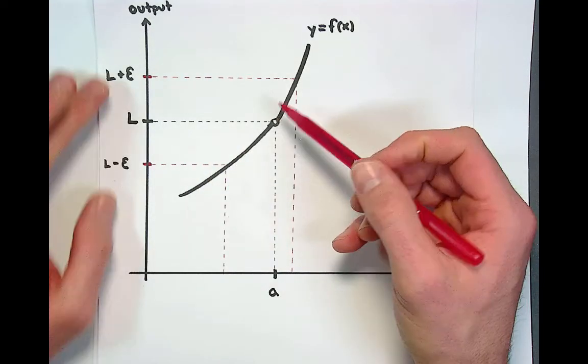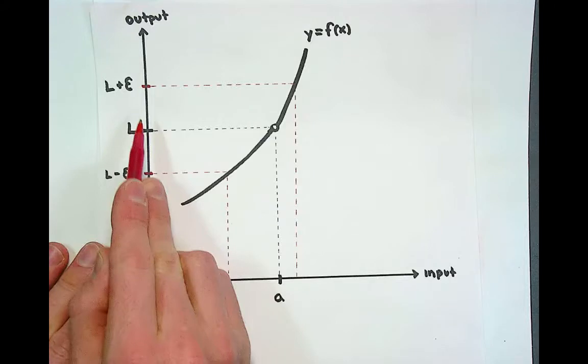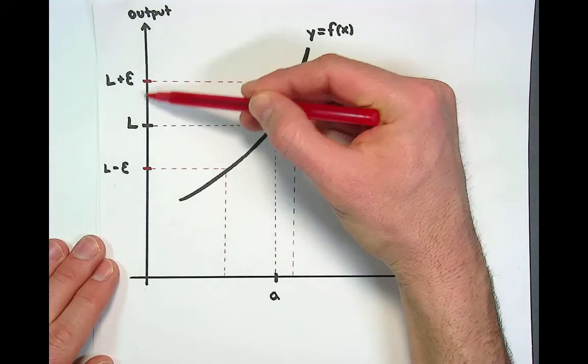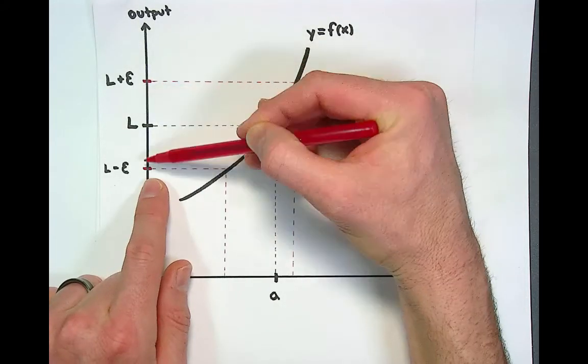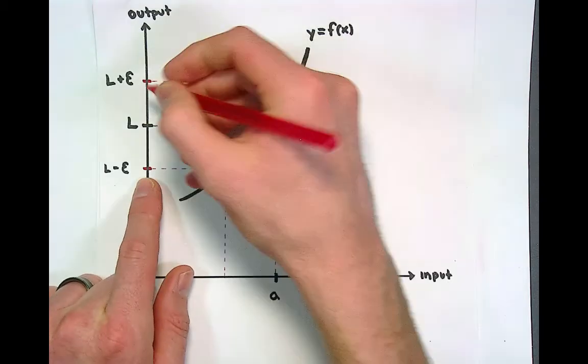However, really what's happening here is if you choose any distance away from L, this is what we call an epsilon ball. You don't have to worry about this.